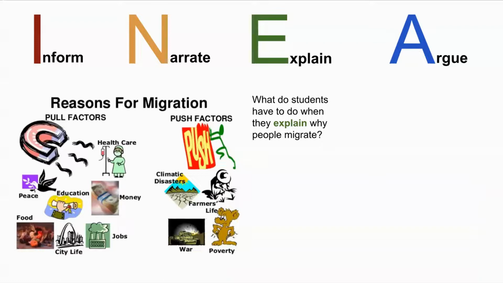I'm going to have to teach students push and pull factors and give them examples of that. I'm also going to have to help them use the language of because, or people migrate because, one of the reasons, an additional reason is because of climate disasters, this has cause. So I'm helping them use cause and effect language when they're writing.